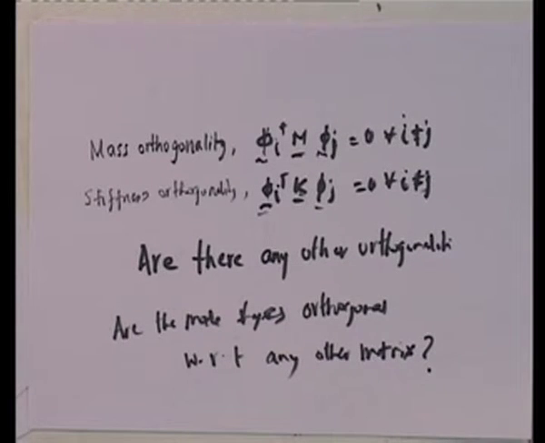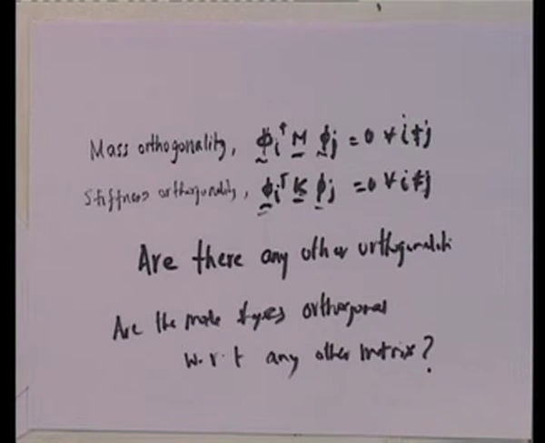That is the question that comes up. We have seen mass orthogonality, we have seen stiffness orthogonality, and the question is whether there are any other orthogonalities in the system.